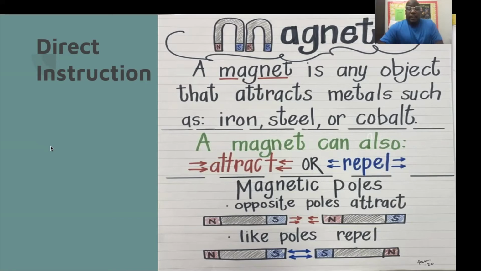And lastly, magnetic poles. I showed you these two magnets. They have N and S, north and south, on both sides. That represents the magnetic poles. If we put north and south together, they will attract. But if we put south and south together or north and north together, they will repel.